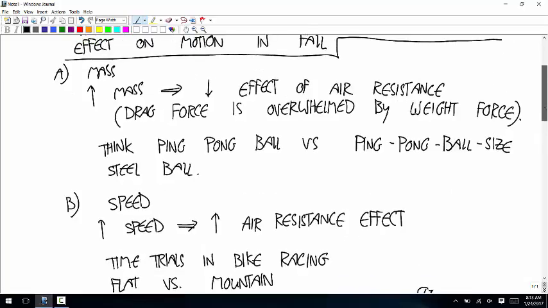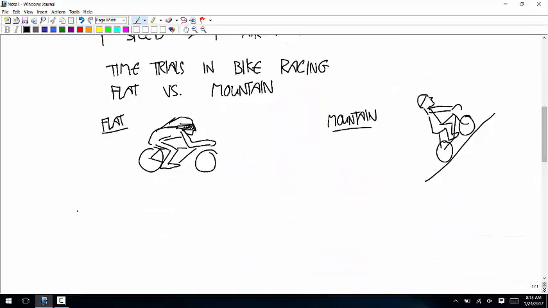And then the last thing that matters is the shape of the object.